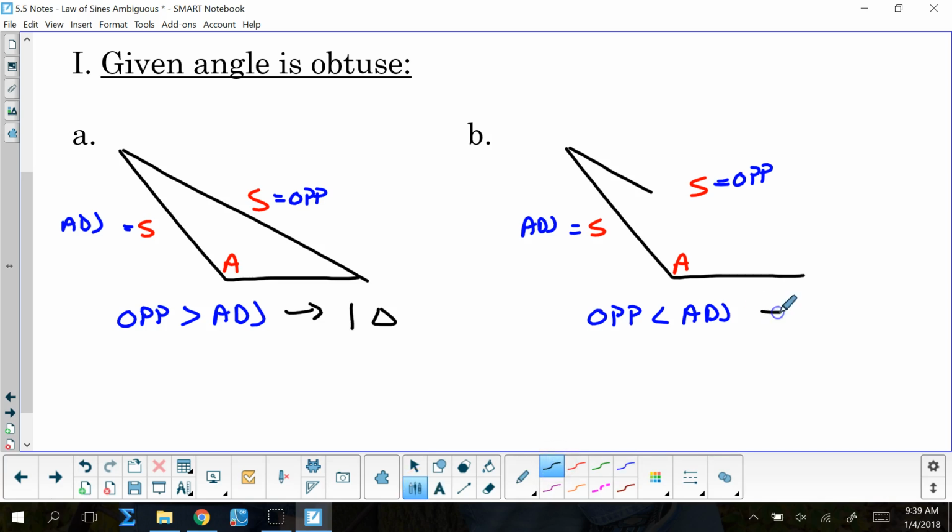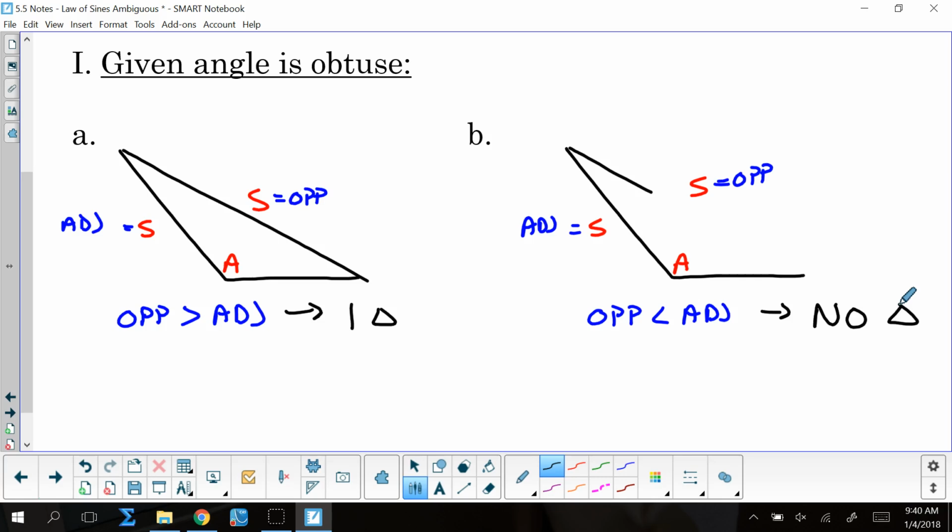Remember we talked about this yesterday. Longer sides are produced by bigger angles, right? Can I have two obtuse angles in a triangle? No. Can't have two obtuse angles in a triangle. So the side opposite the obtuse angle has to be the longest side. I think I said angle twice there. Okay? So that's one check.